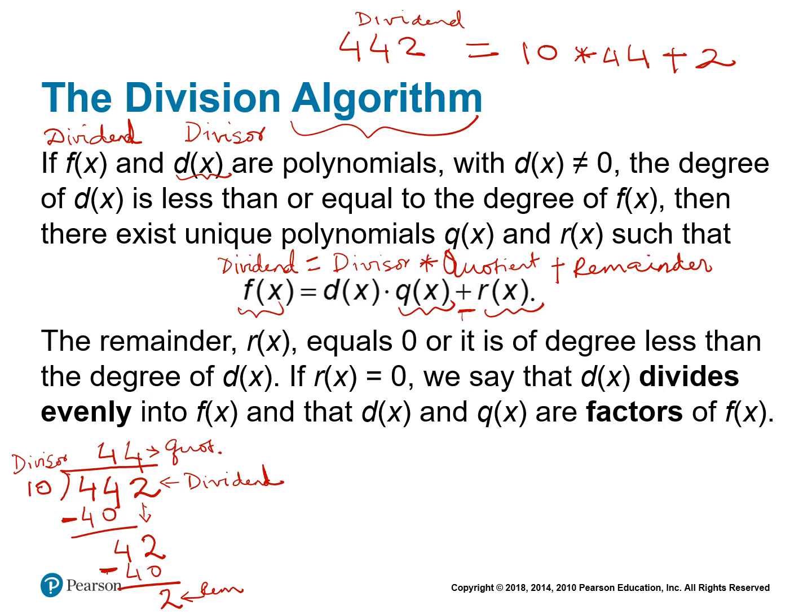So the divisor is d of x, 44 is the quotient q of x, and 2 is our r of x. All right, so plus, multiplied, and the dividend is our f of x.